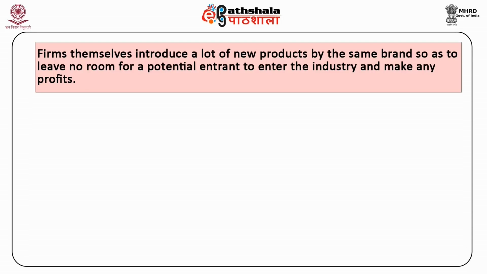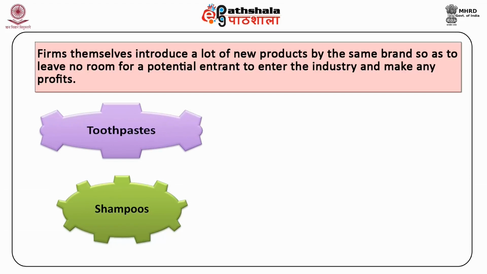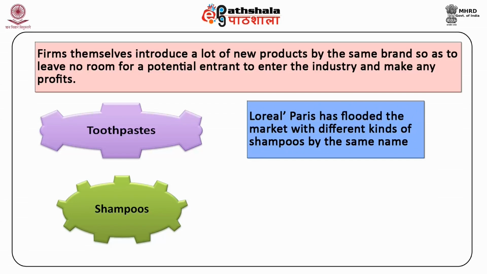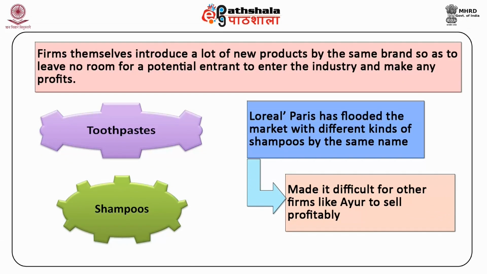This is especially true in items like shampoo and toothpastes. For example, in the industry for shampoos, L'Oreal Paris has flooded the market with different kinds of shampoos by the same name and has made it difficult for other firms like IU to sell profitably.